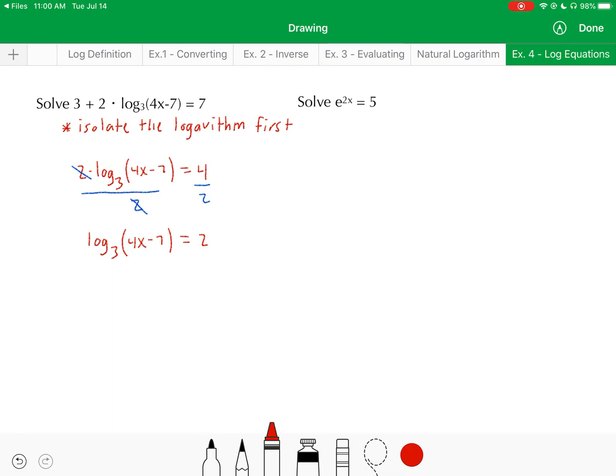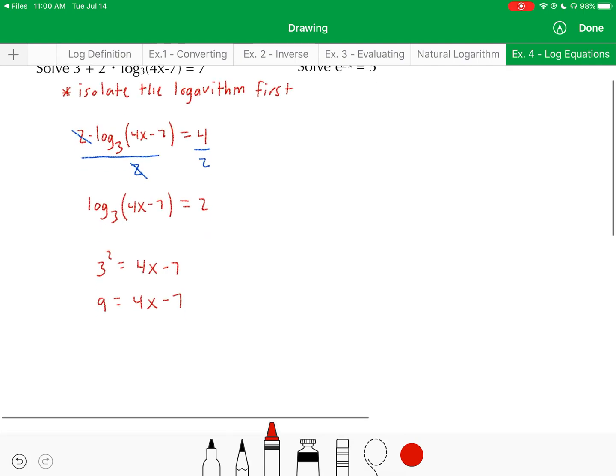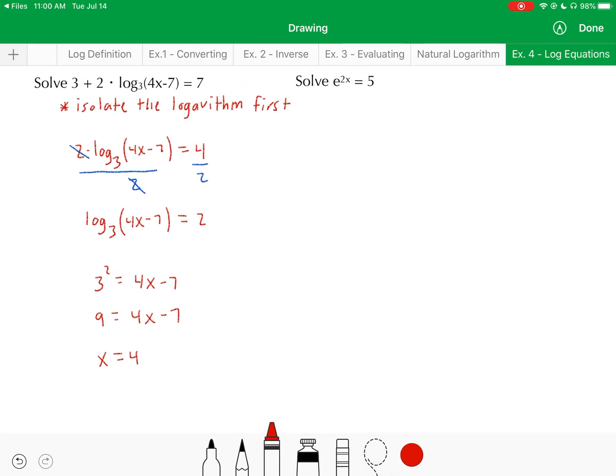And now the logarithm is isolated, so I'm going to go into exponential form, which would be 3 squared equals 4x minus 7. Of course, 3 squared is 9. So you'll add 7 over: 16 is equal to 4x, x equals 4. And there we have it.